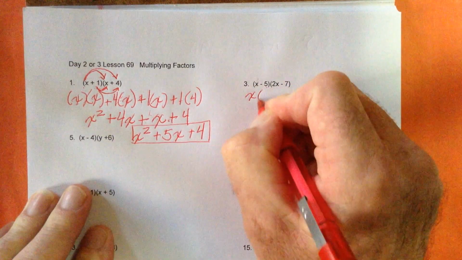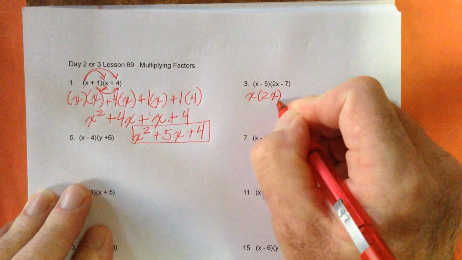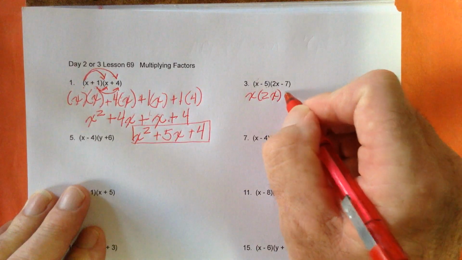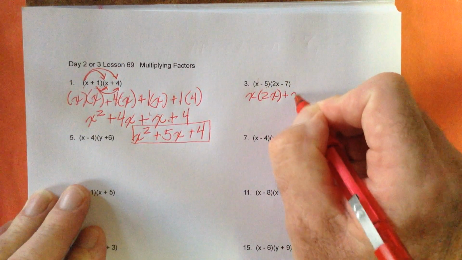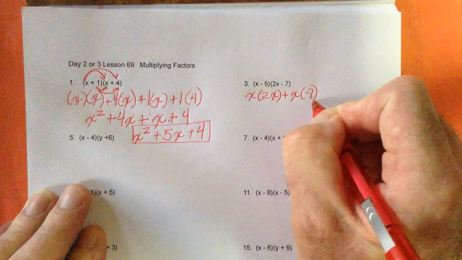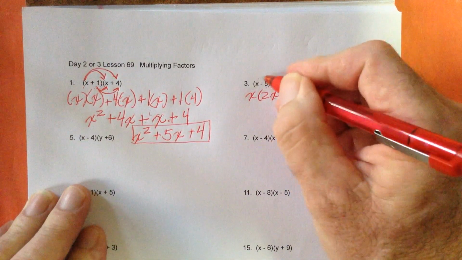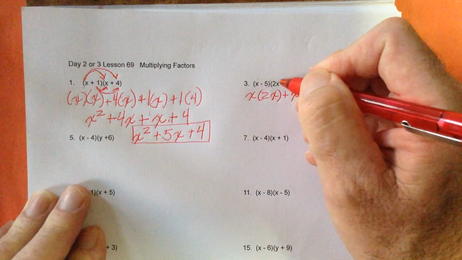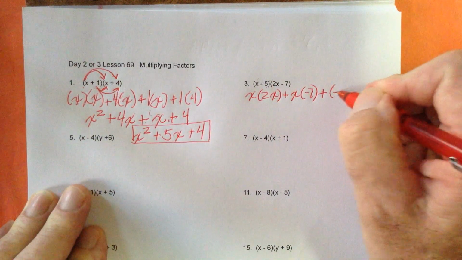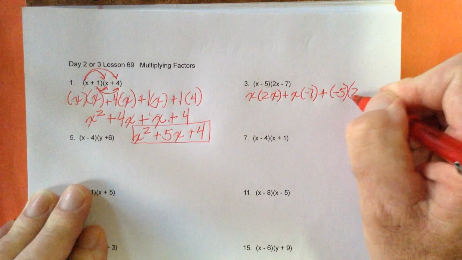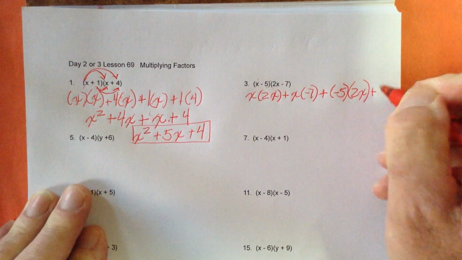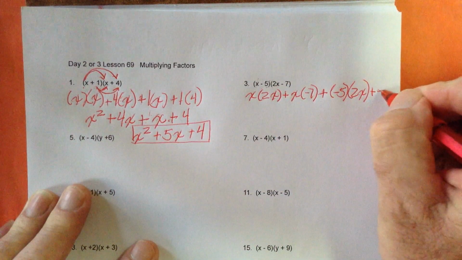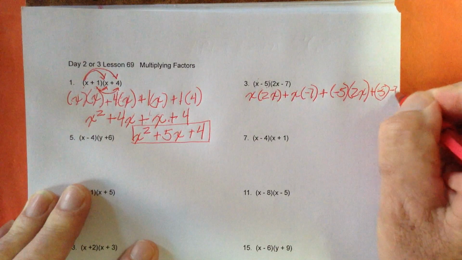So I have x times 2x, plus x times negative 7. And then I have to FOIL these here, plus negative 5 times 2x, plus negative 7 times negative 5, or negative 5 times negative 7.